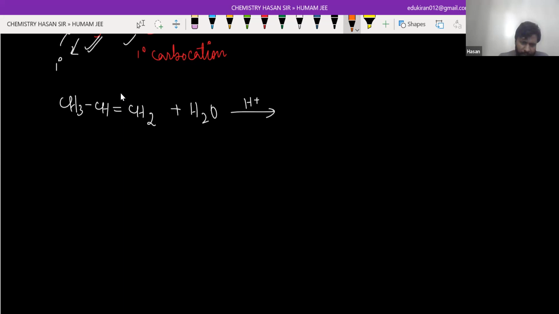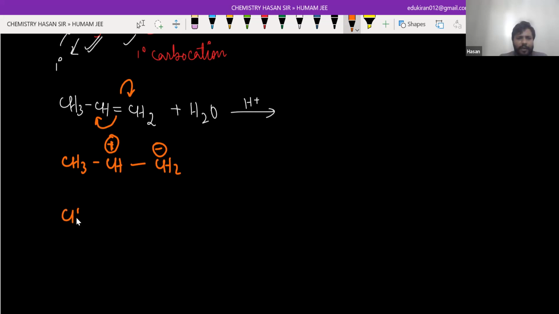Either CH2 gets the negative and the other carbon is positive, or the opposite, with the arrow below, giving negative and positive signs.